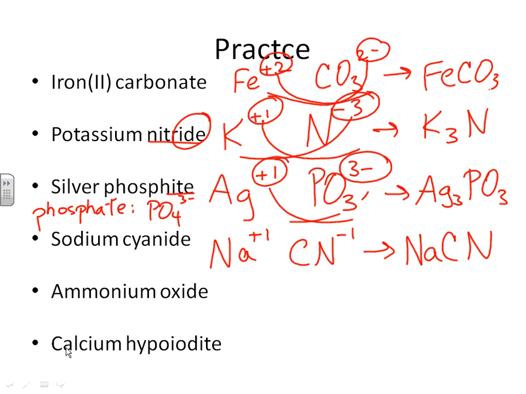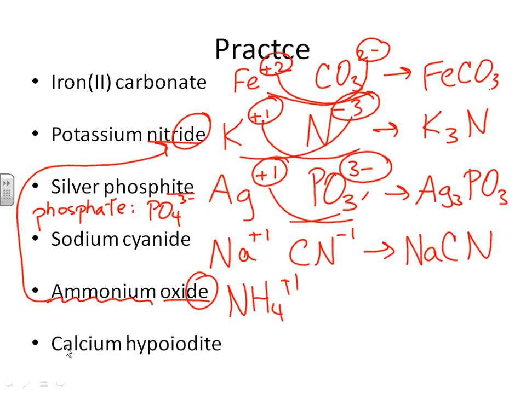Ammonium oxide. Ammonium, NH4+, polyatomic ion. It always tends to trip kids up because they tend to be thinking, oh, it's an element. No, it's not. It's a polyatomic ion. So make sure you know ammonium is NH4 +1. Oxide, just like the nitride example right here. Oxide with that "ide" ending, it's based on an individual element. What element? Oxygen.